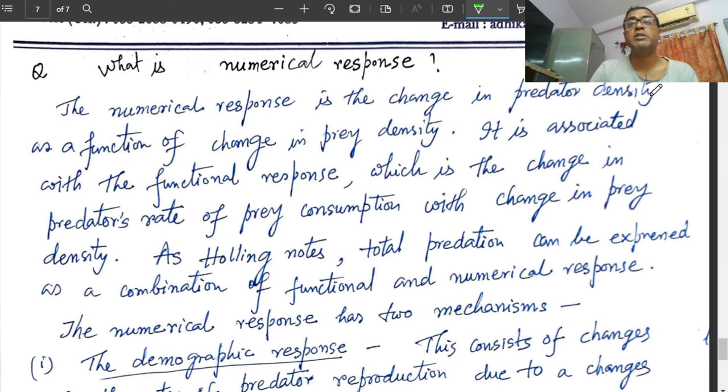It is associated with the functional response, which is the change in predator's rate of prey consumption with change in prey density. As Holling notes, total predation can be expressed as a combination of functional and numerical response.